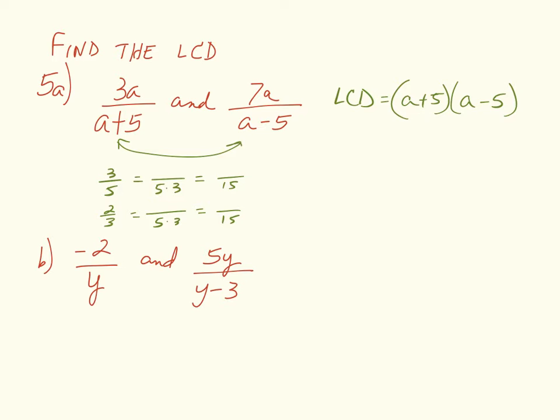If the denominators cannot be factored, then the LCD is going to be the product of the denominators. So in this case, negative 2 over y and 5y over y minus 3, the LCD is going to be what? Well, y cannot be factored, so the LCD has to contain a y. Y minus 3 cannot be factored, so the LCD has to contain a y minus 3. And that's it.